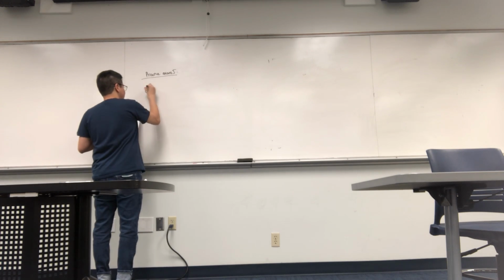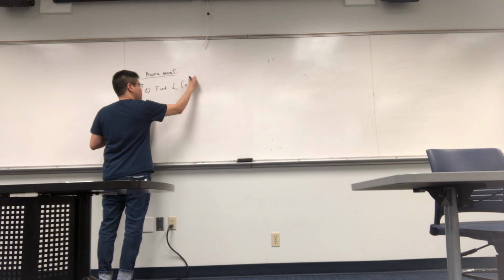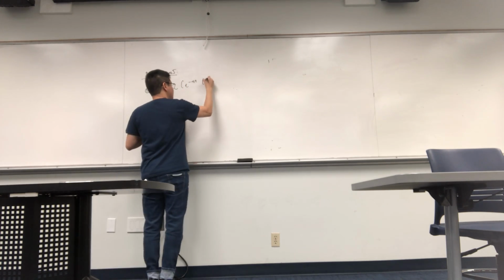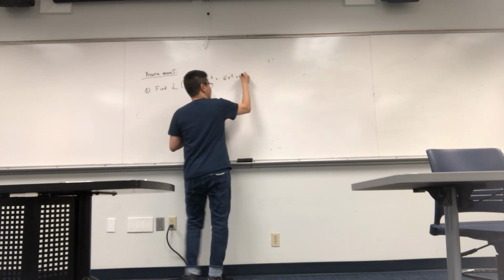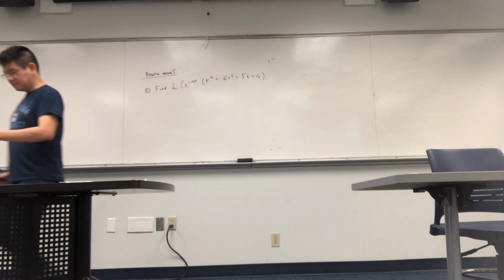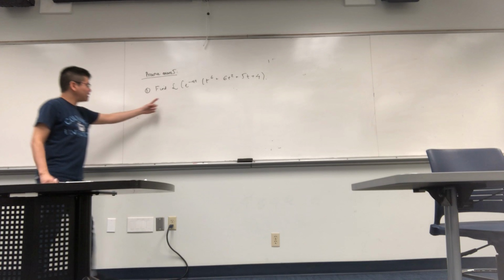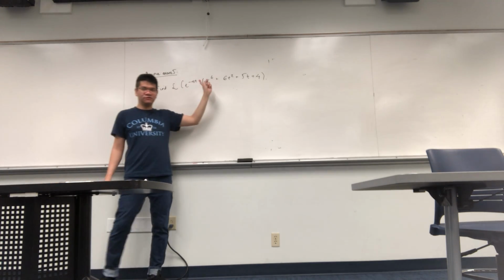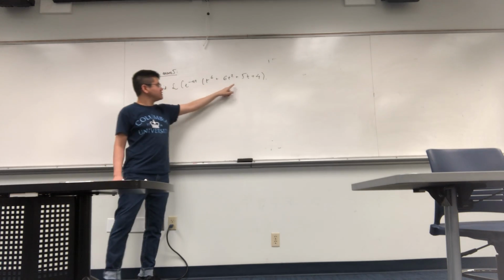So the first question is to find the Laplace transform of e to the power of minus 4t times (t to the power 6 plus 6t squared plus 5t plus 4). You need to find the Laplace transform of exponential minus 4t times t to the 6 plus 6t squared plus 5t plus 4.